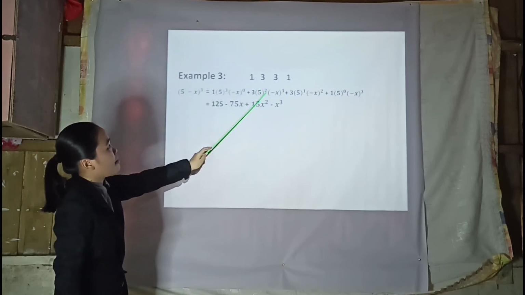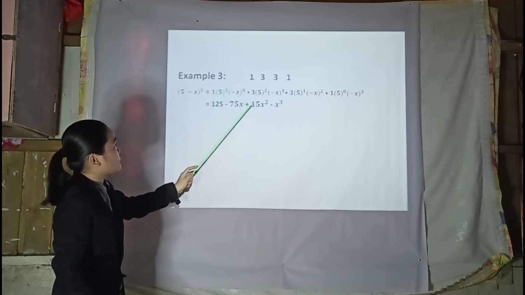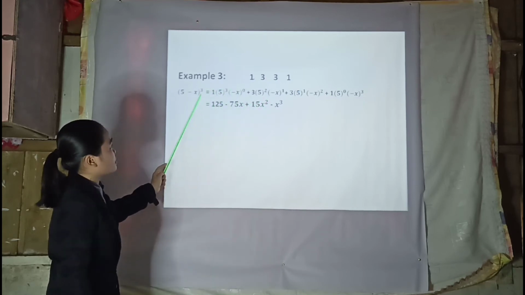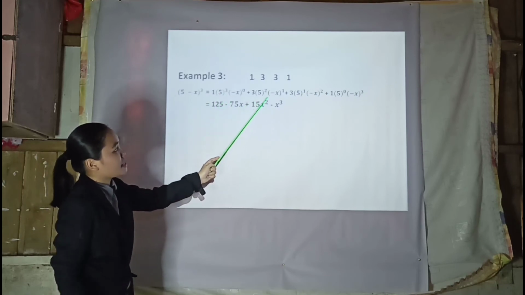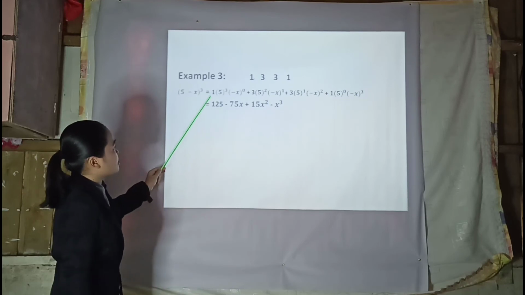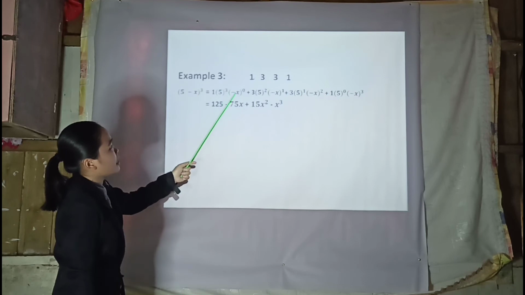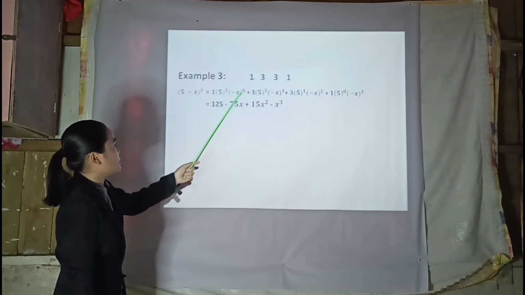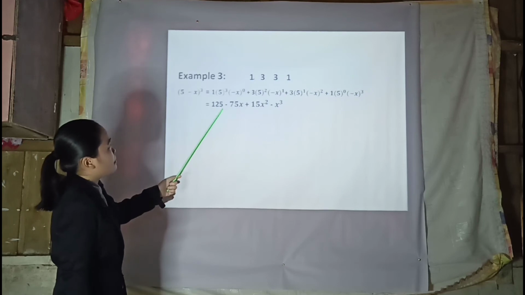And the sum of the exponents of each term is equal to n. Since our n here is 3, in each term the sum of the exponents is 3. So we will simplify our answer. 1 times 5 cubed times negative x raised to 0. So our answer is 125.